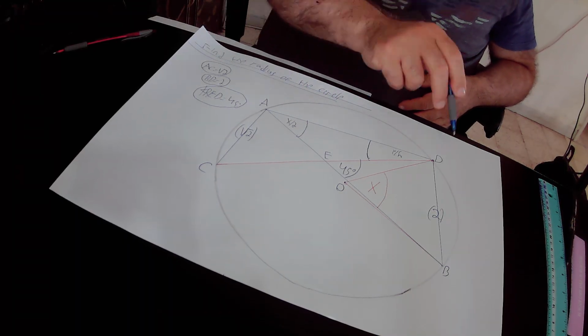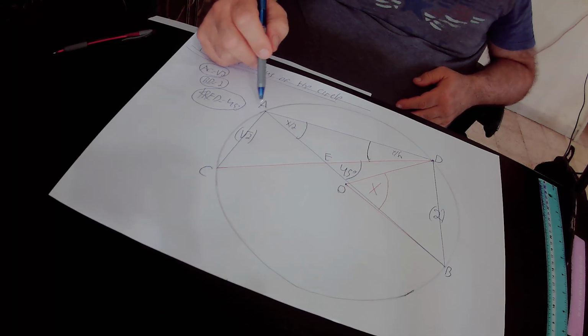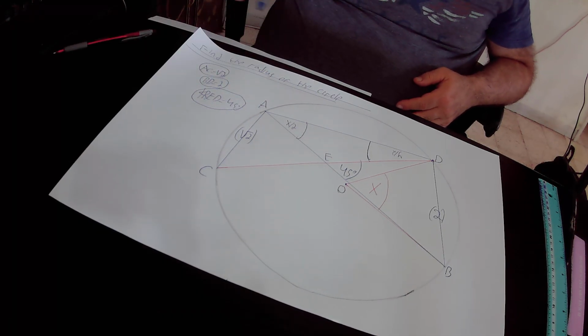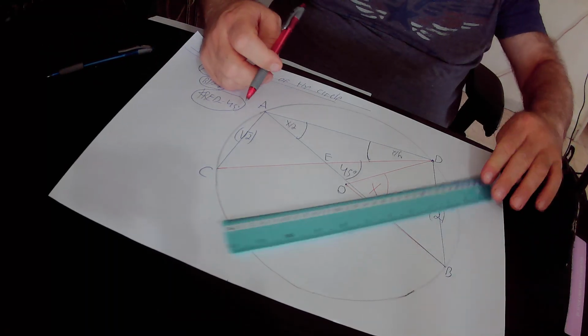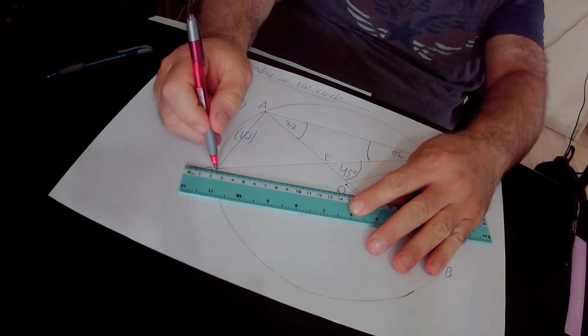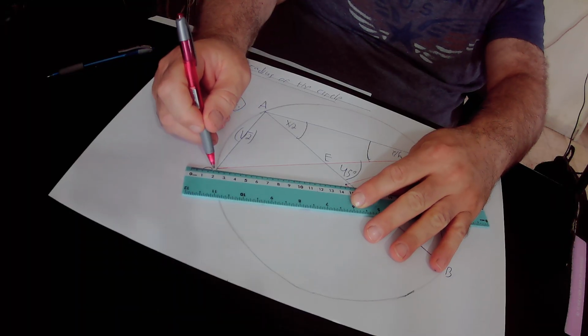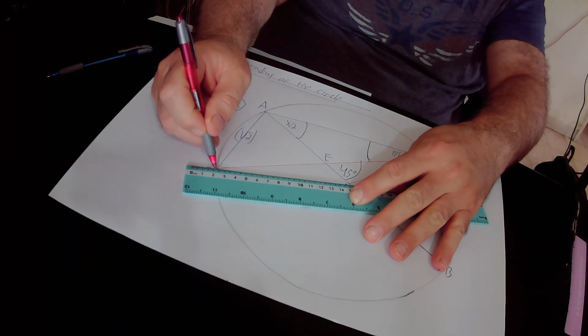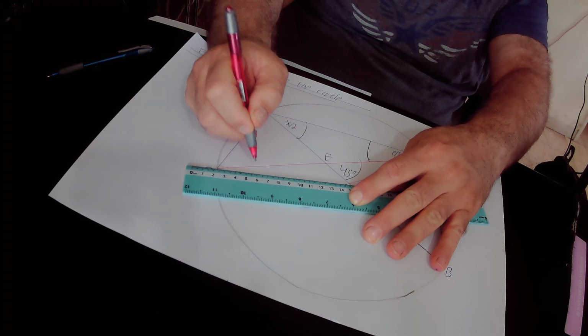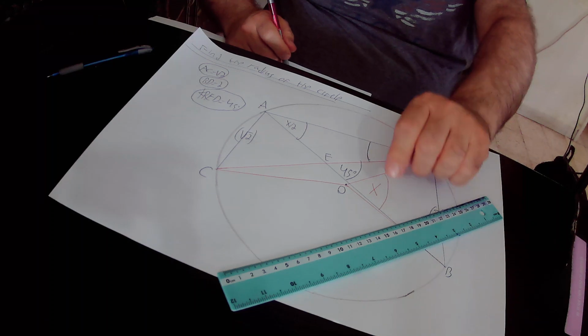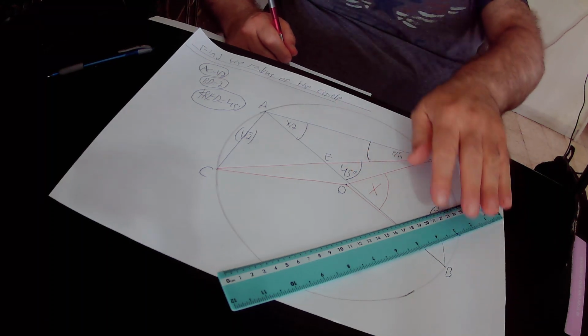This peripheral angle ADC is subtended on chord AC. So in the next step, we'll join points O and C together by a straight line, and we'll join points O and A together by a straight line.